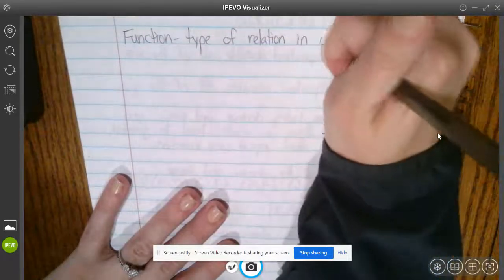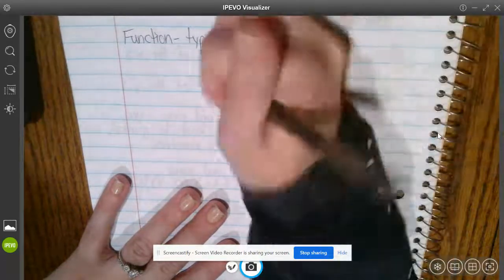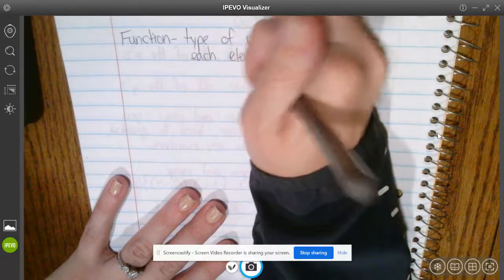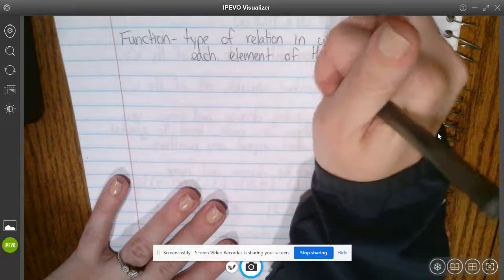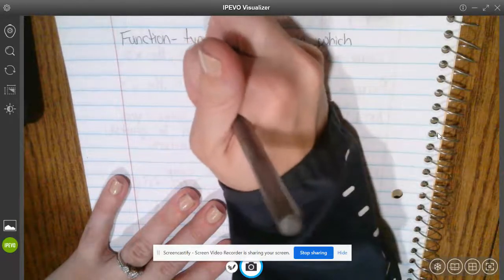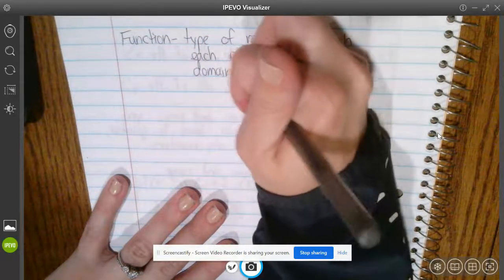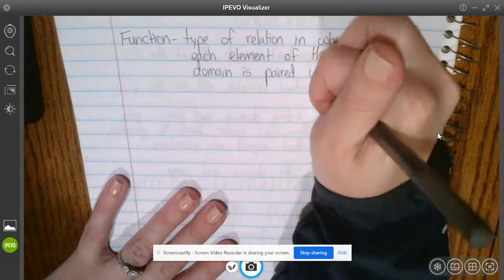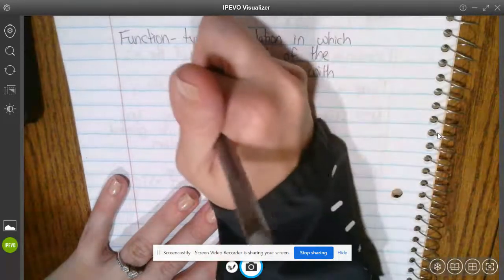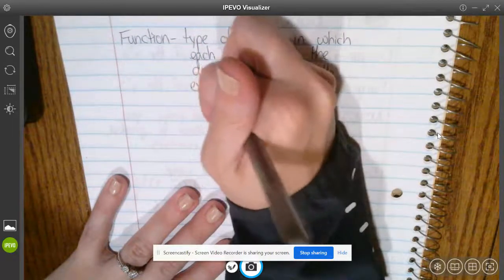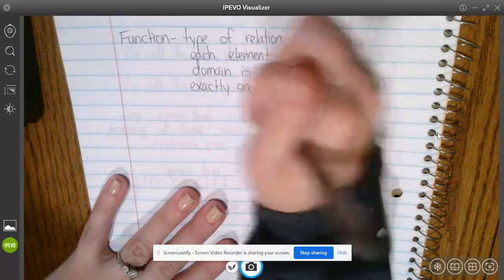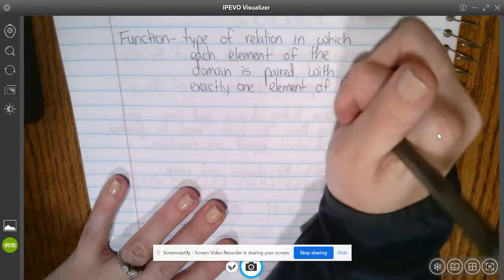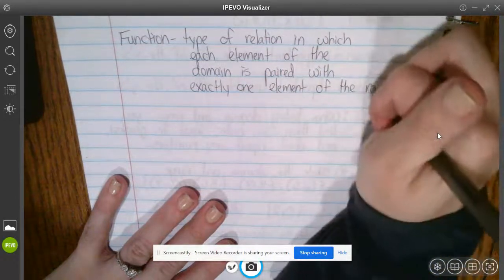In which each element of the domain is paired with exactly one element of the range.